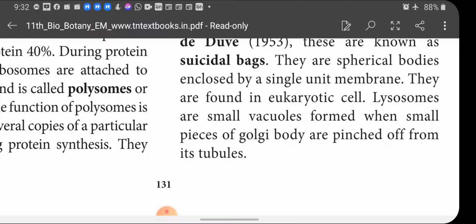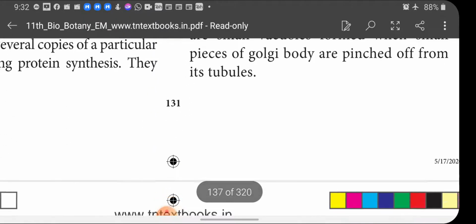Lysosomes are small vacuoles formed when small pieces of Golgi body are pinched off from its tubules.